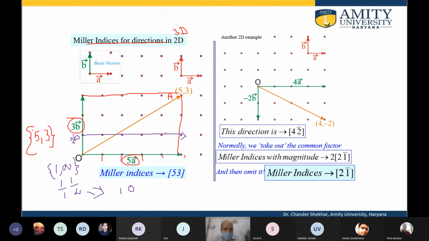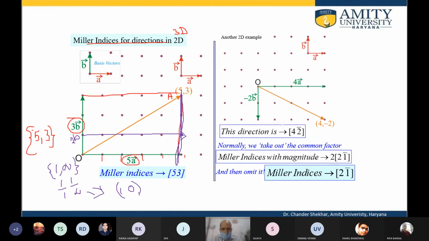Because this is the plane, the Miller indices of this plane are 1 and 0 for 2 dimensions. Fine.